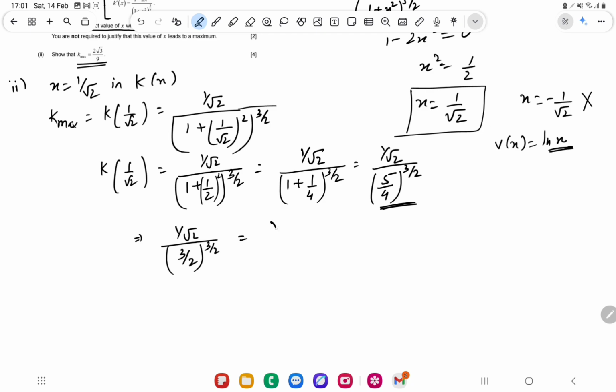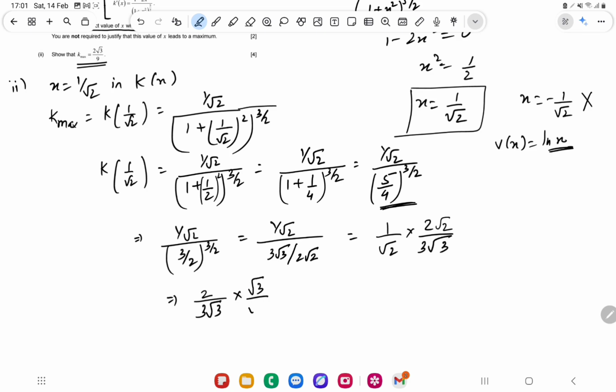So I can write this as 1 by root 2, and the denominator will be 3 root 3 by 2 root 2, which on simplification gives 1 by root 2 into 2 root 2 by 3 root 3, which is nothing but 2 by root 3. Now I have to get 9 in the denominator, so I rationalize it and get my k max as 2 root 3 by 9. So this is how I will solve this.